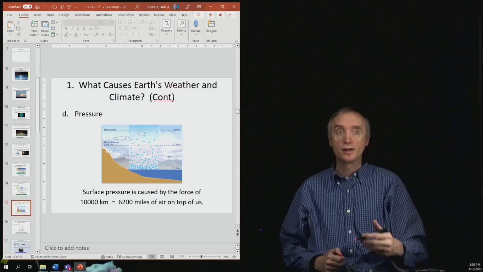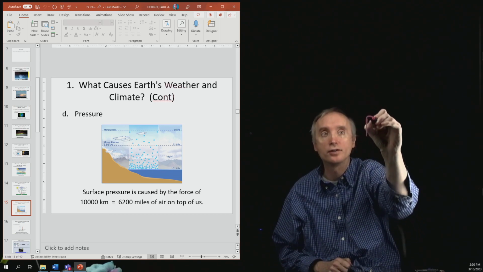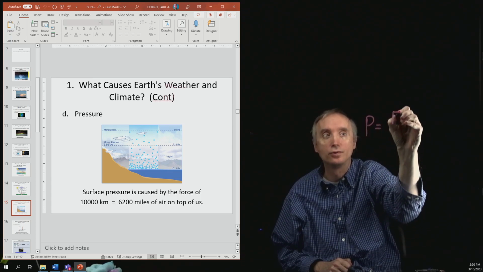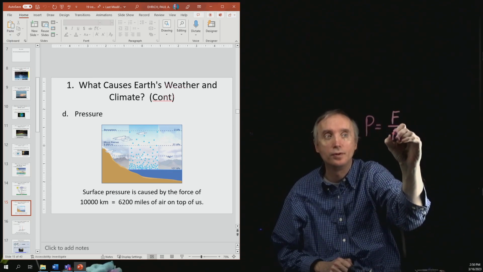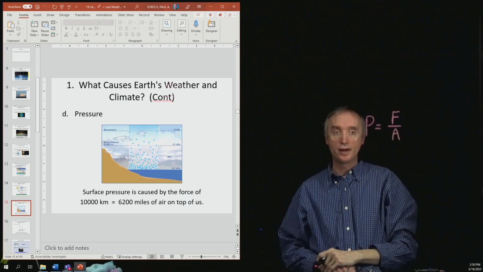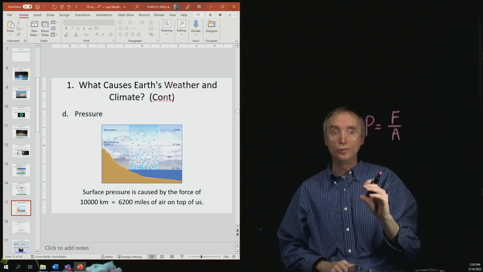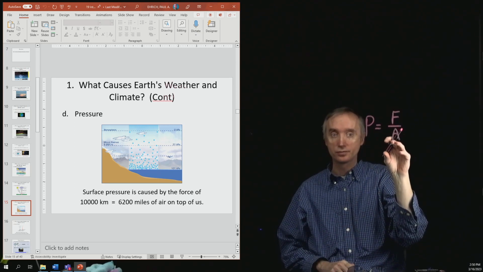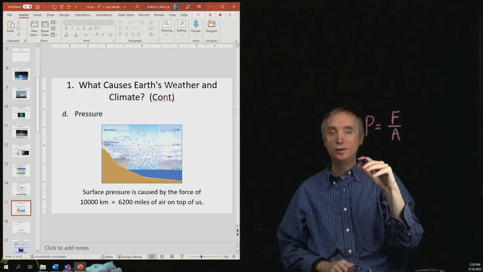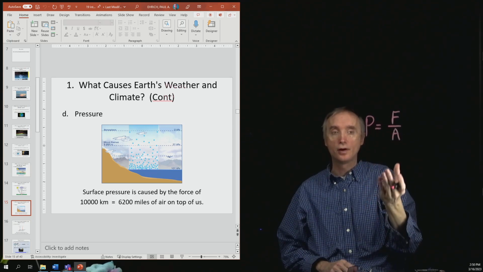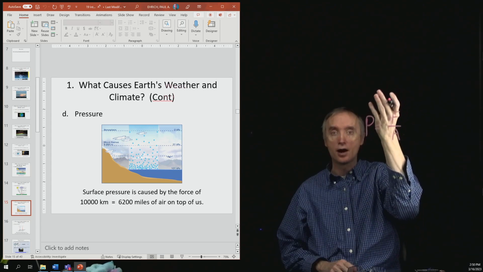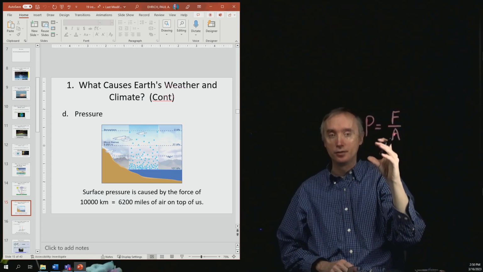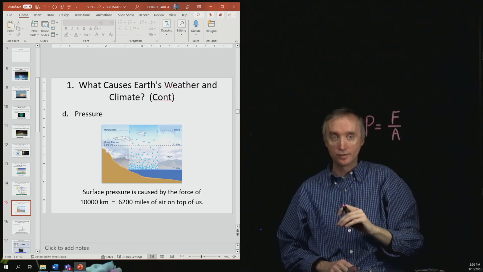In a previous lesson, we learned that pressure was equal to a force being applied to an area. All right, so what would be the force? That would be the weight of all of the oxygen and nitrogen molecules that are on top of us.